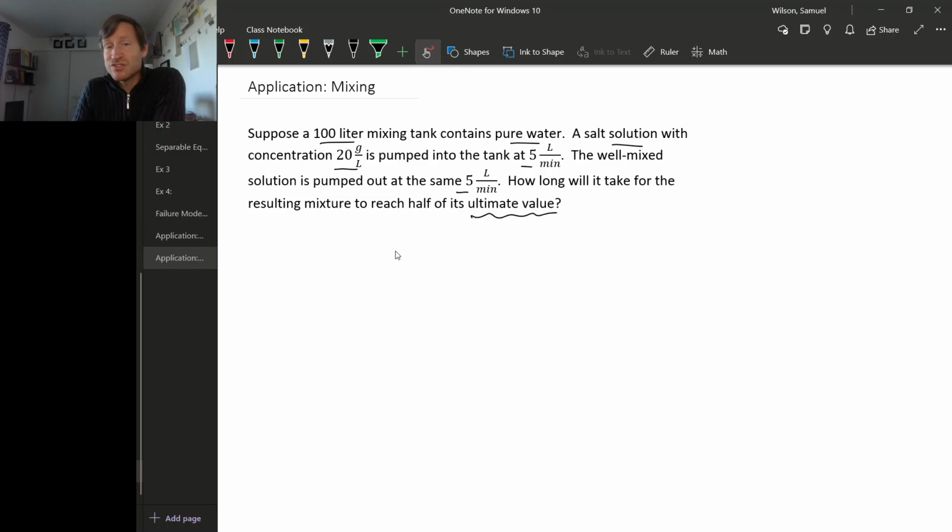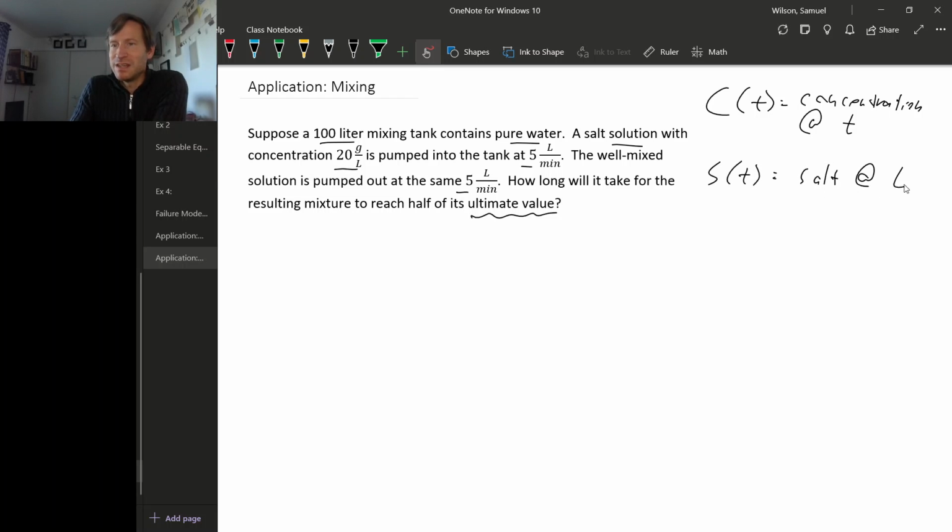So first let's just see if we can figure out some way of describing how much salt is in the tank. It's not really clear at first, so we might use maybe C of t for concentration at time t. Or maybe it would be easier to use just the amount of salt at time t.